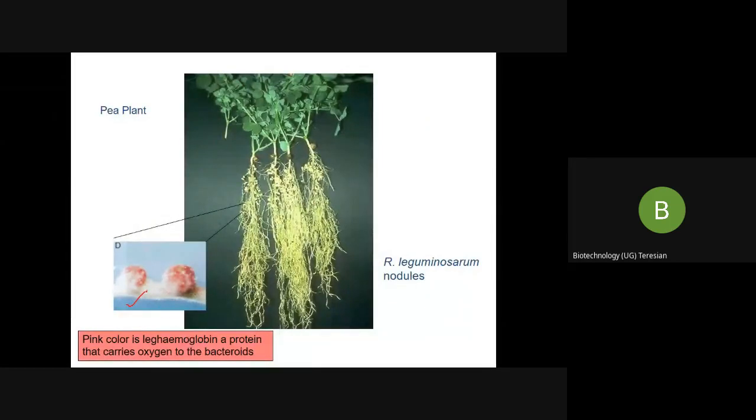Your leghemoglobin has a high affinity for oxygen, about 10 times higher than human hemoglobin. So this keeps the oxygen concentration low enough to allow your nitrogenase enzyme to carry out its function. But it cannot be so low that your bacteria cannot survive. So it will see that it can modify itself so that it can provide the bacteria with the oxygen for respiration.